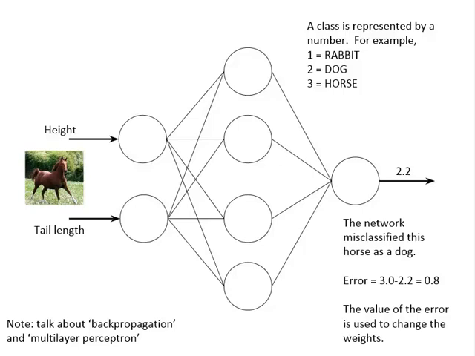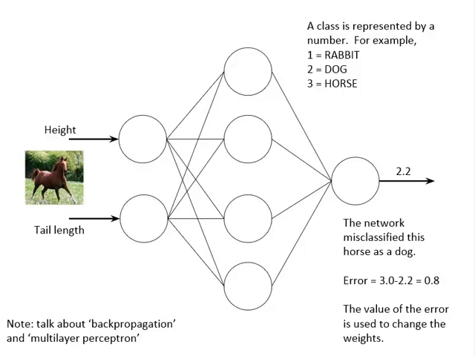However, we know that we've misclassified the animal because this is a supervised learning method, where the supervisor can tell the algorithm what the correct answer should be. So the supervisor tells the algorithm that the animal is actually a horse, and we're able to calculate an error: 3, which represents a horse, what it should be, minus 2.2, the value that was actually calculated.